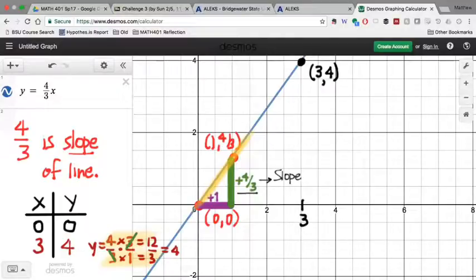One of the ways to close the loop on that is to say that the slope is how much the value of y changes when x changes by how much? So how much did x change by here?